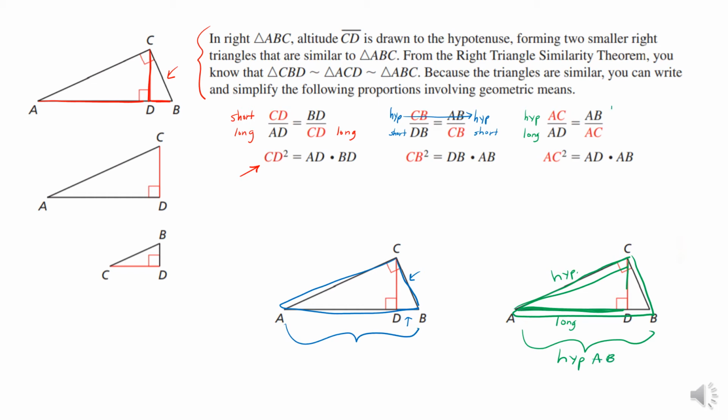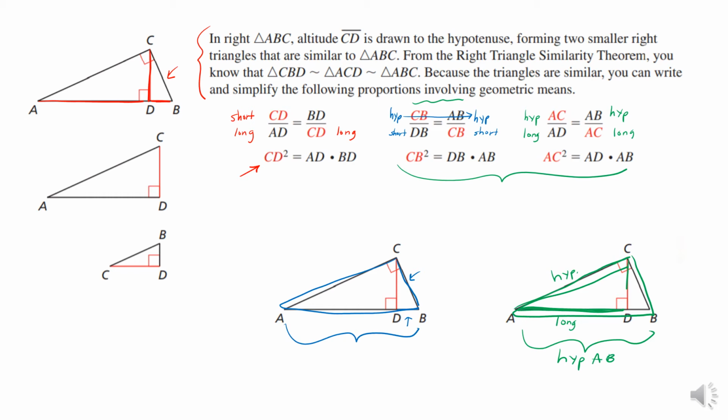So that is the hypotenuse, and AC is my long leg. And notice when you cross multiply, these are the geometric mean leg theorem. Okay, so if that helps you set them up better, go ahead and use my method. Otherwise, you can use theirs.